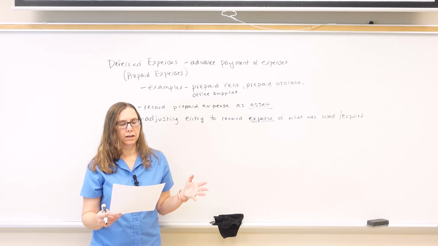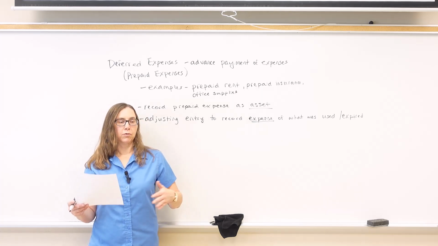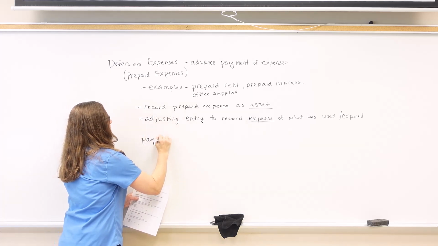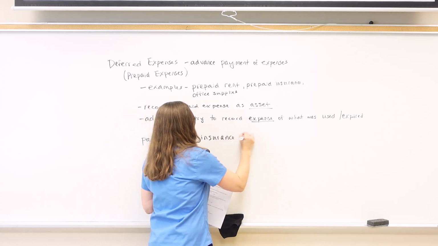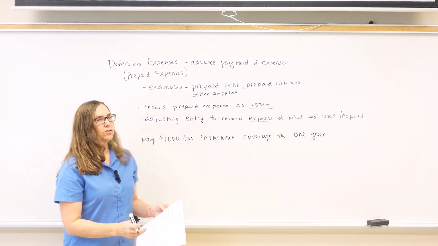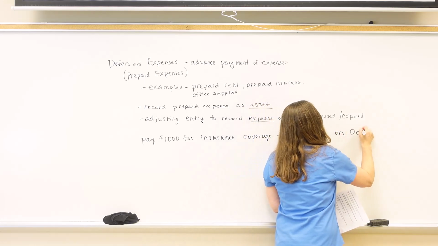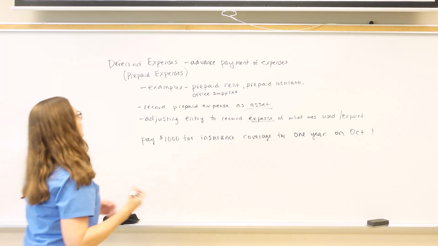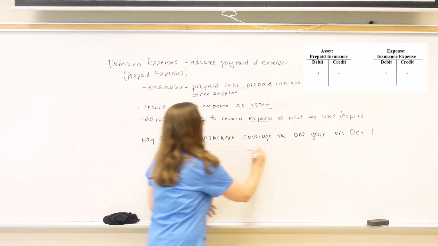So let's do prepaid insurance. Let's say the company pays $1,000 for insurance coverage for the year. And let's assume this was paid on October 1st. Okay, so what they would do on October 1st is a journal entry for the prepaid insurance.